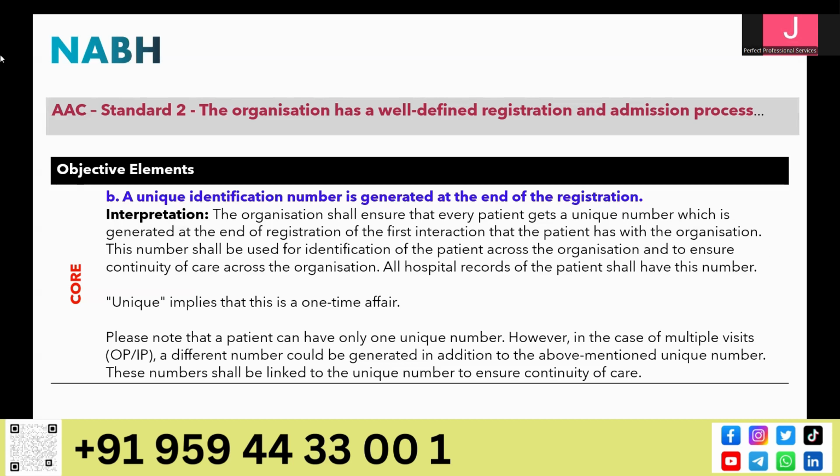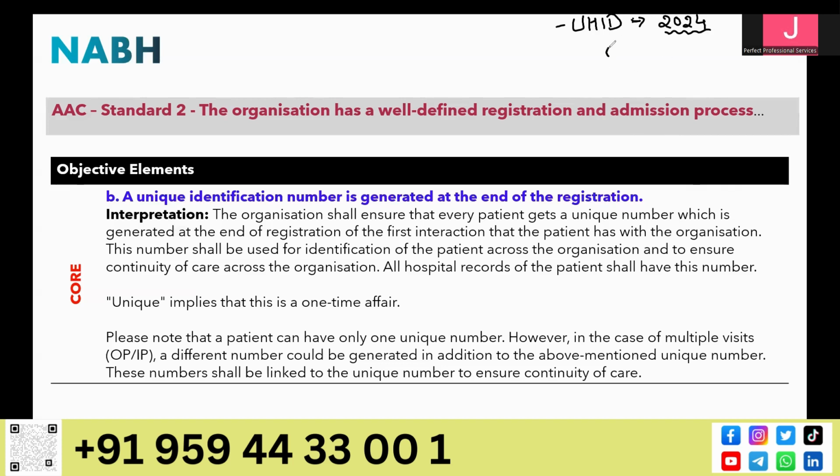What it means is, for example, if I come to your hospital for any treatment, a UHID will be created for me. That is a unique hospital identity number. For example, my unique hospital identity number is 2024. Okay, so this is generated.